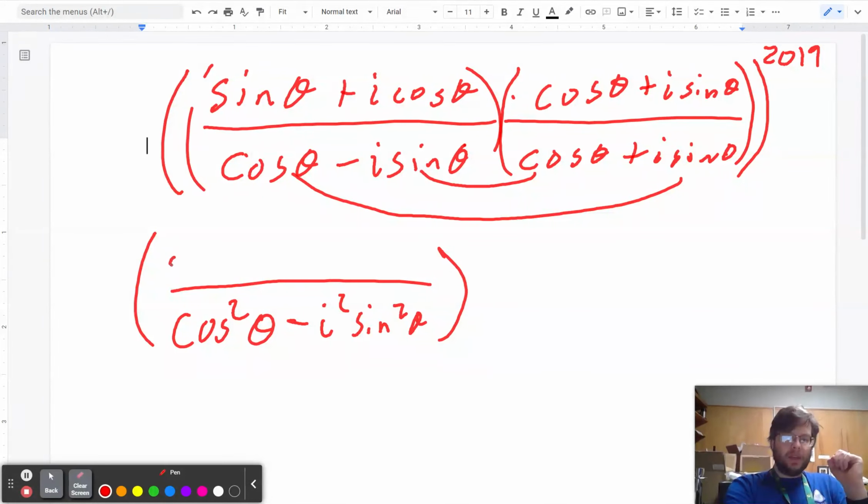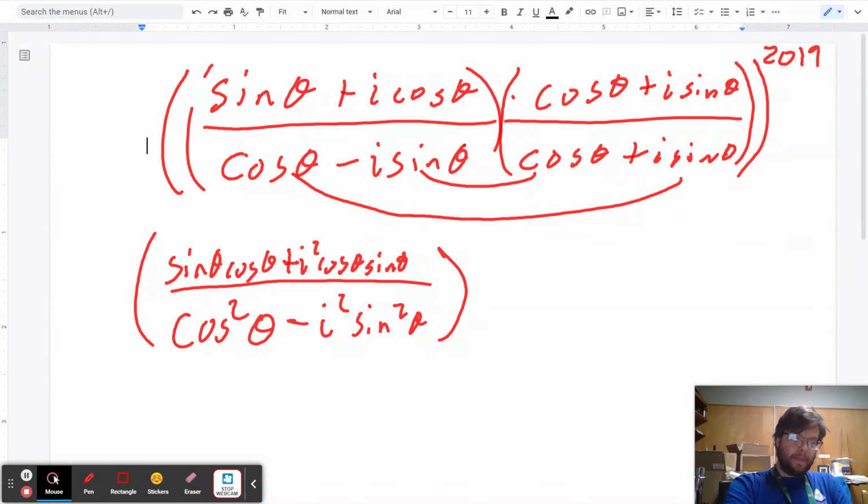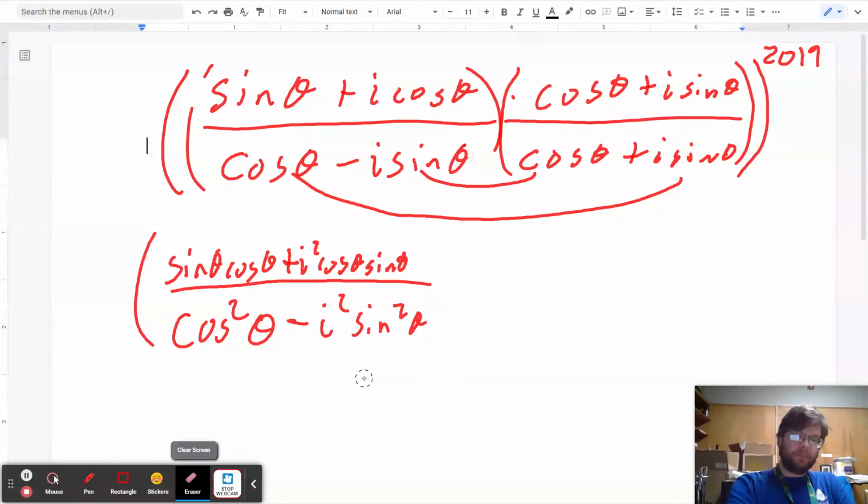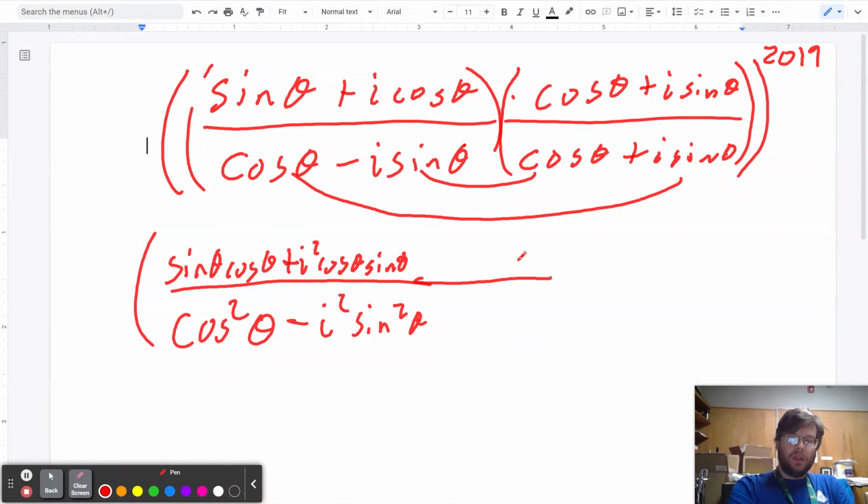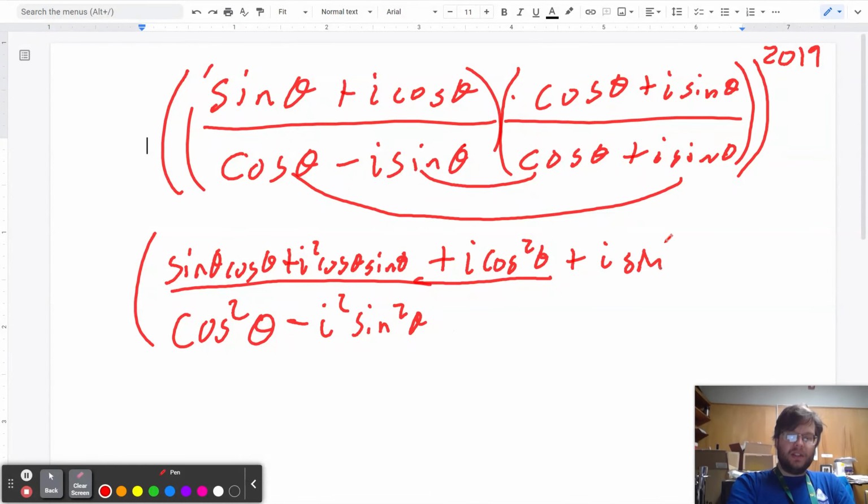So the top becomes sine theta cosine theta, let's see, plus i squared cosine theta sine theta. I think I need a little more space. Then we have plus i cosine squared theta plus i sine squared theta. And all that's over 2019.